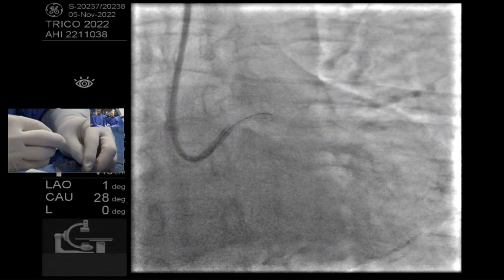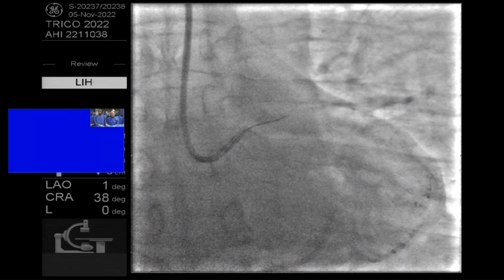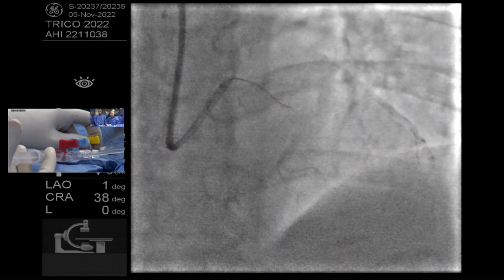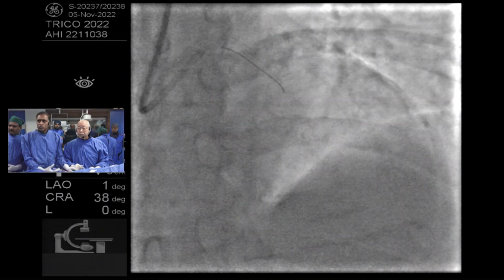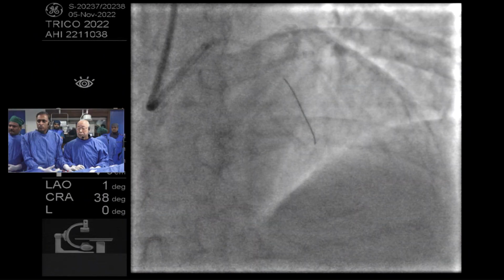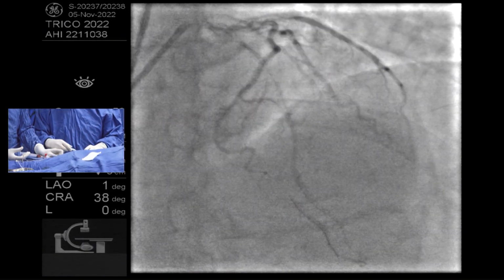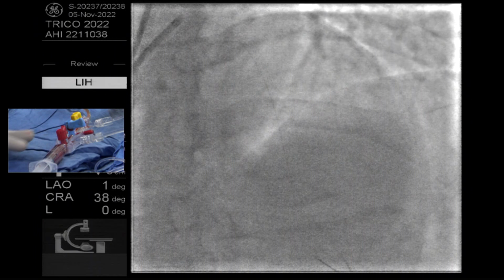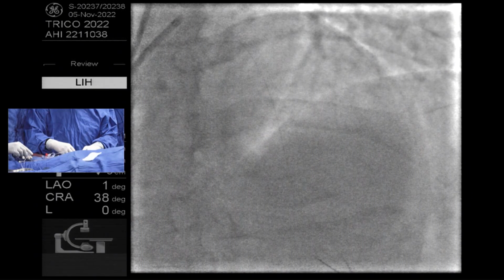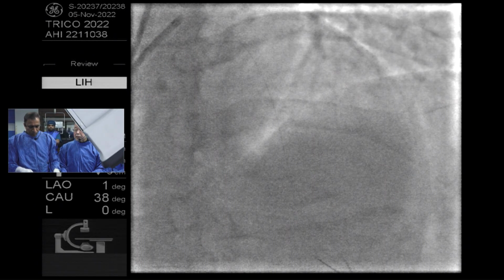Just a moment. Okay, and I want to keep this wire in this position until the end of the total procedure. So maybe we need predilatation.